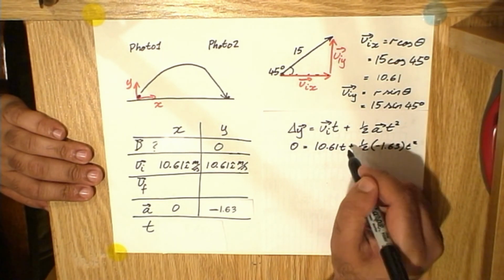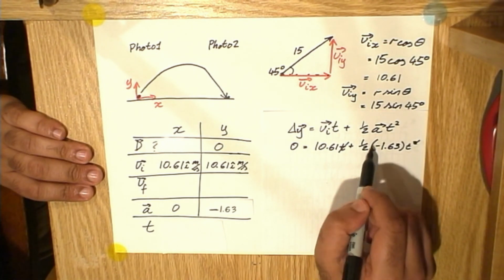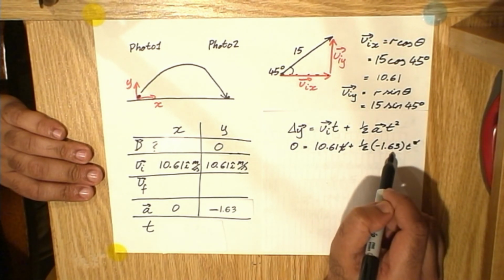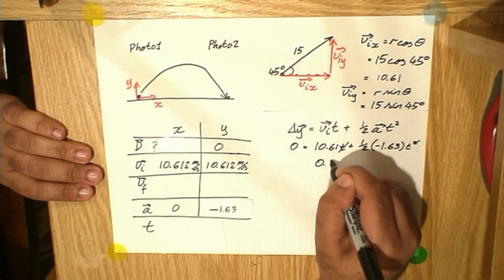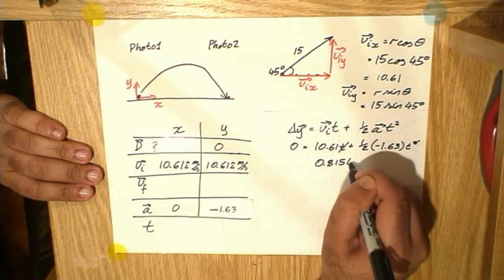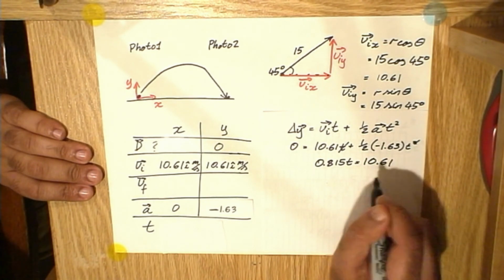Now I can cancel out a time from both sides. Half of negative 1.63 would be negative 0.815, and if I were to move that to the other side, I would get 0.815 t is equal to 10.61.